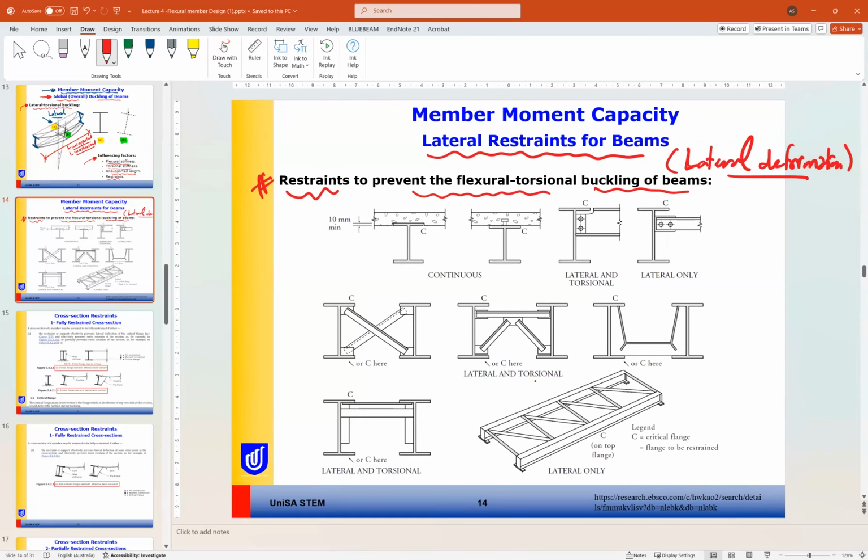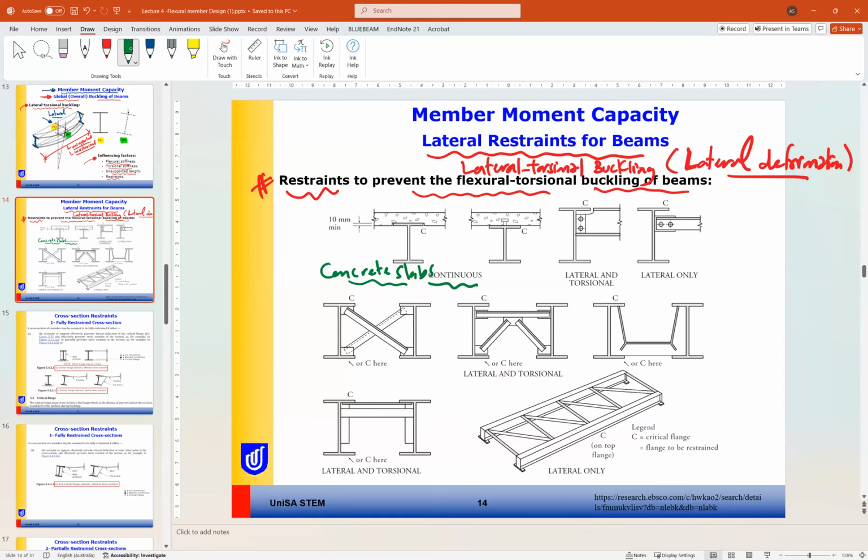Some of the supports that can prevent the flexural torsional buckling are the slabs, for example, concrete slabs. The beam will be connected to the concrete slab, so the concrete slab will provide restraint so that the beam will not be able to move laterally.